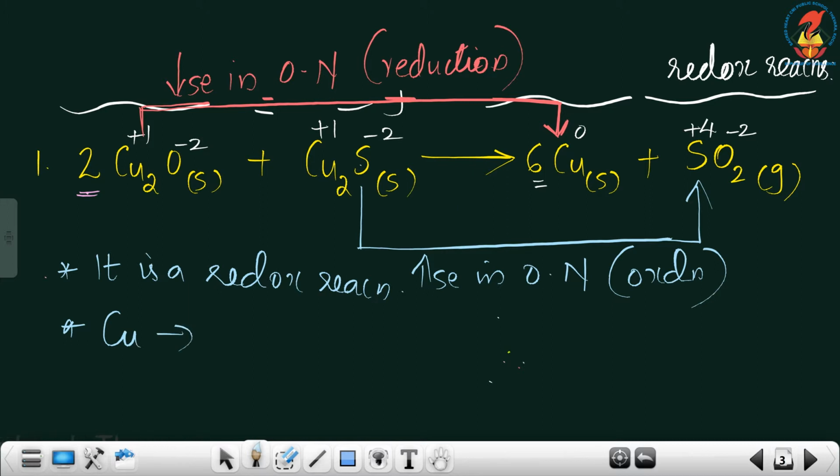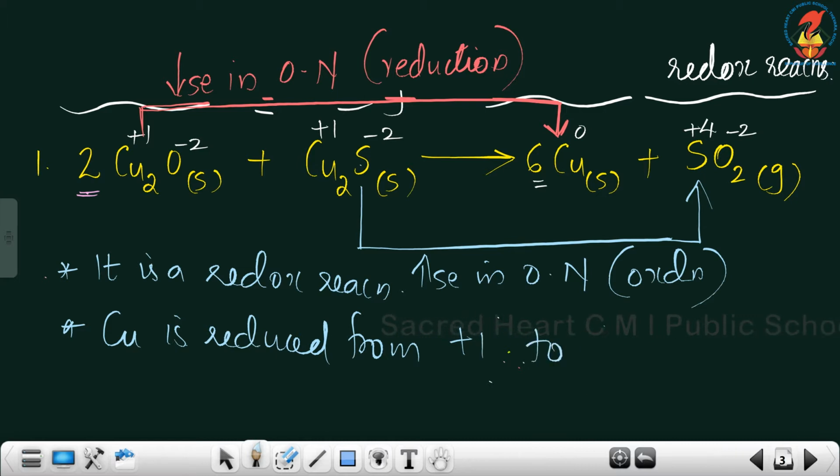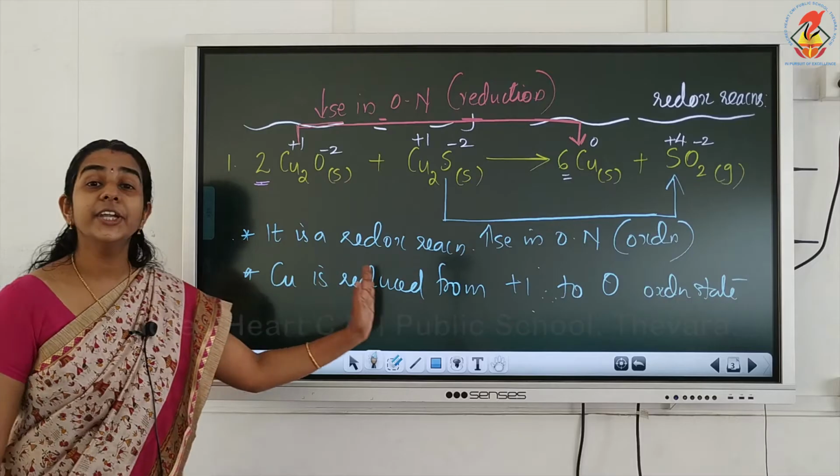Copper, what is the change in oxidation number? Copper, the oxidation number changes from +1 to 0. That means copper is reduced from +1 to 0 oxidation state. So copper is reduced.